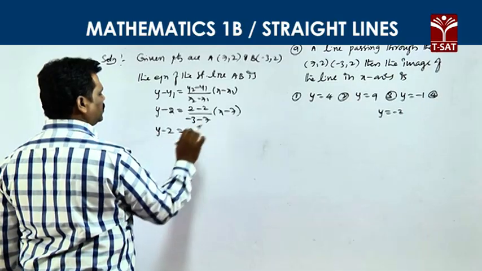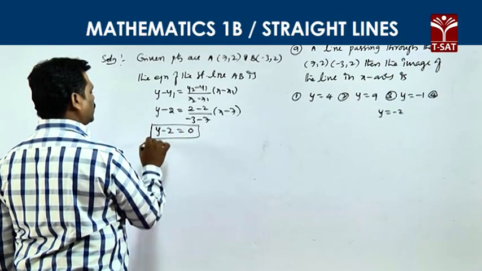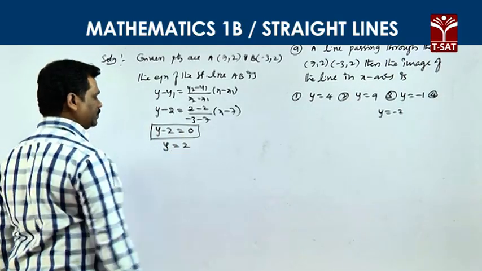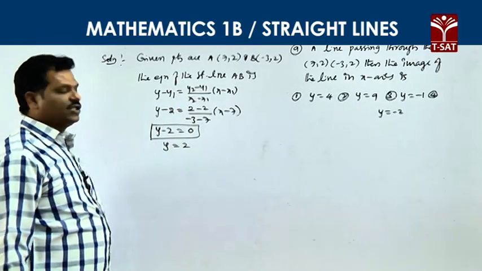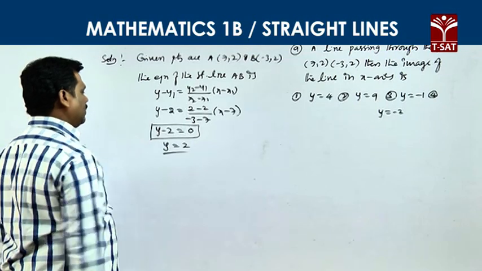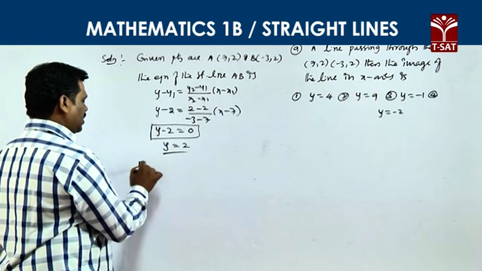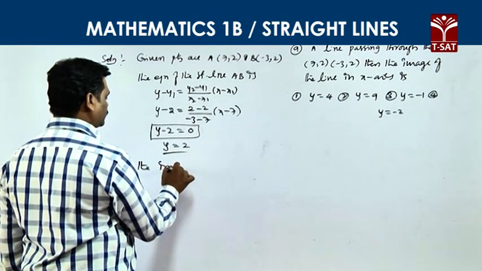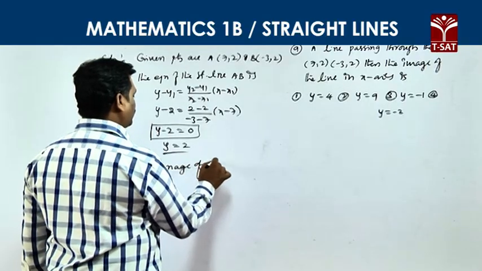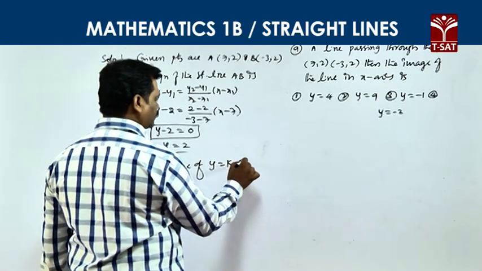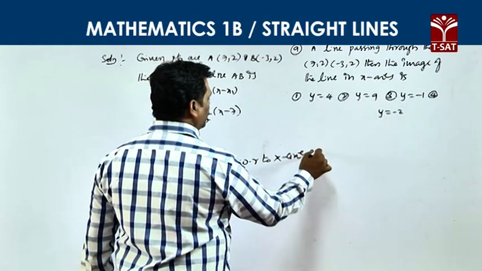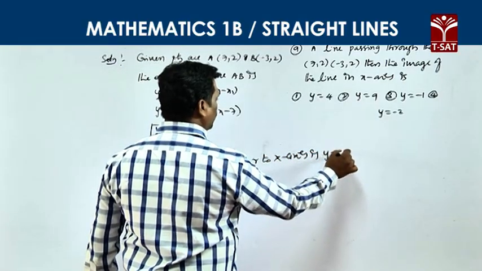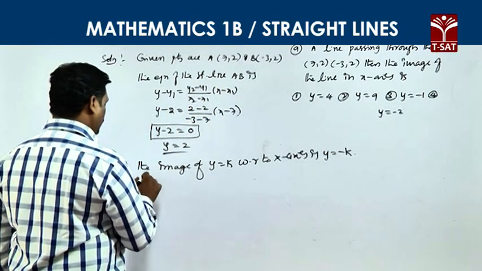So y = 2. The equation of the line passing through the given 2 points is y = 2. We have to find the image of this line. The image of y = k with respect to the x-axis is y = −k.